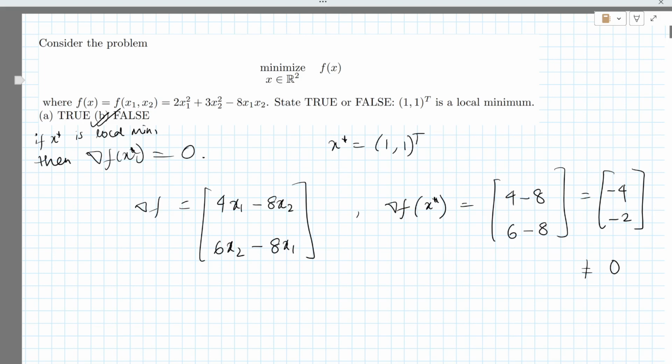If the gradient would have been 0, would that be sufficient to conclude it's a local minimum? If the gradient is 0, then the necessary condition is satisfied, but we'll have to look at the Hessian also at that point to say whether it's a minimum or not, right? The Hessian has to be positive definite.